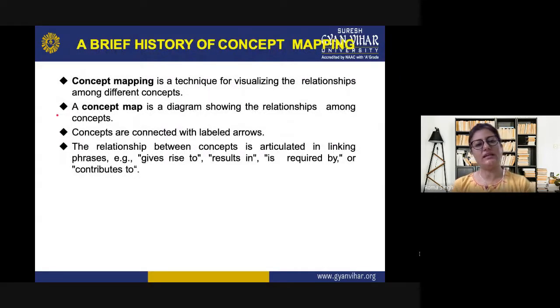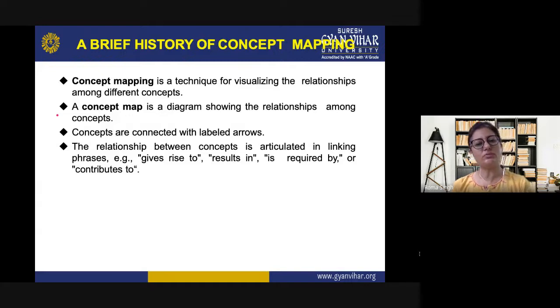It is basically a technique for visualizing the relationships among different concepts. It is a diagram showing the relationship among concepts, and the concepts are shown by labeled arrows which link the concepts with each other.